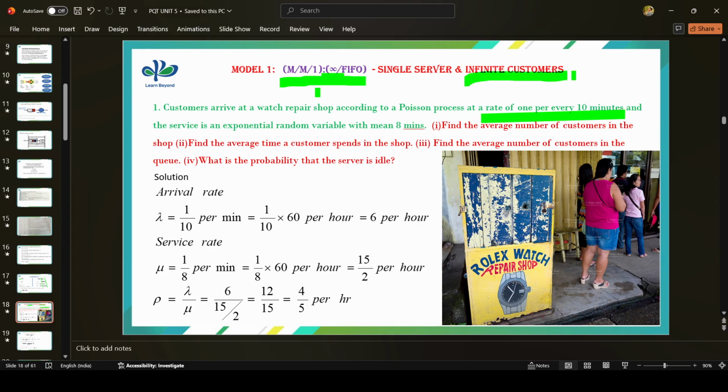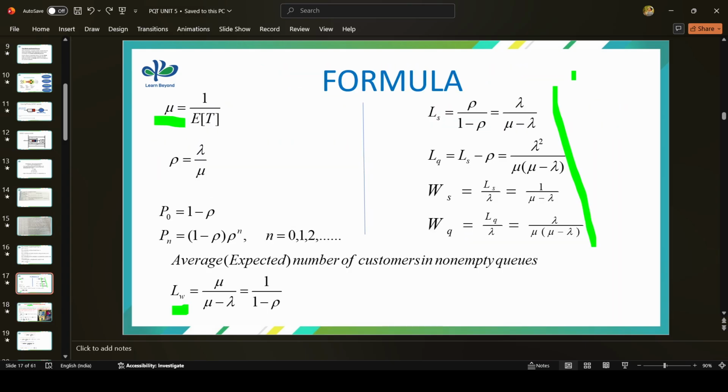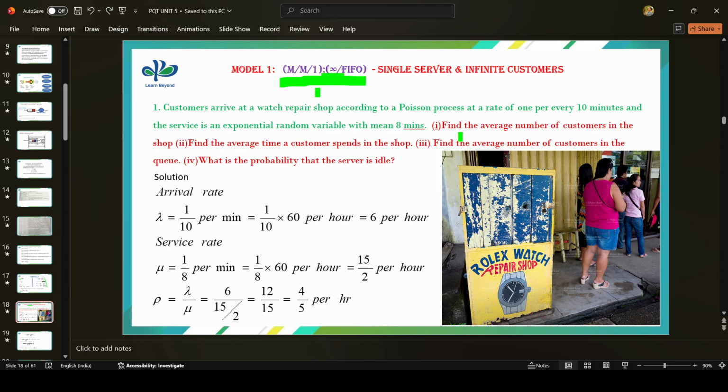Clear? Next, we will see about the service. Normally, imagine in a watch repair shop, how many servers will be there? Normally, one person will be available. Go back to the question: the service is an exponential random variable with mean 8 minutes. So to give a service, they are taking an average of 8 minutes.